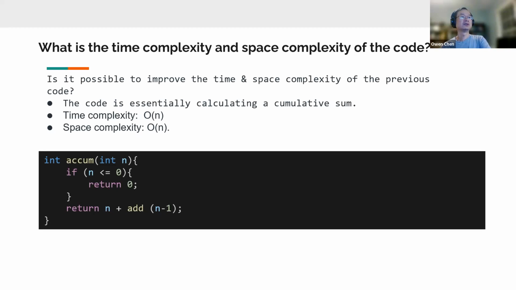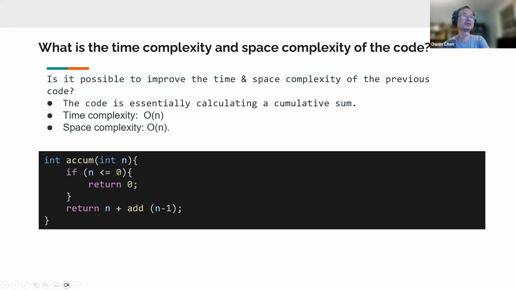Okay, so in that example, this recursive code has time complexity O(n) and space complexity O(n). Can we rewrite this program to make it more efficient in terms of both time and space?